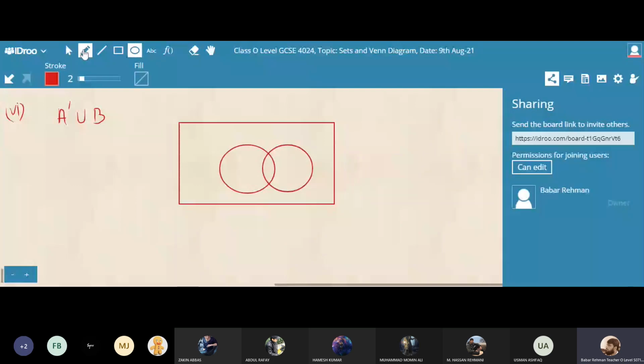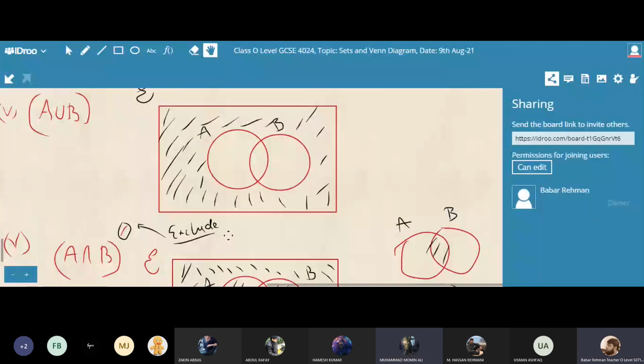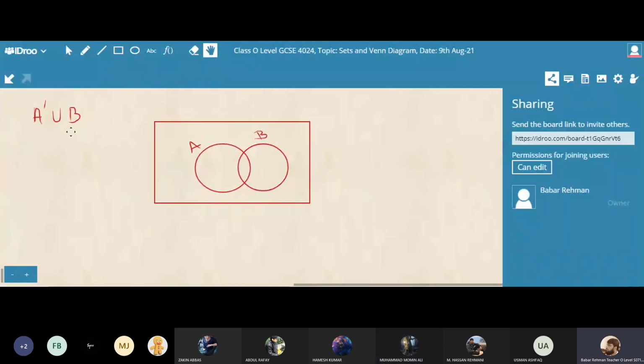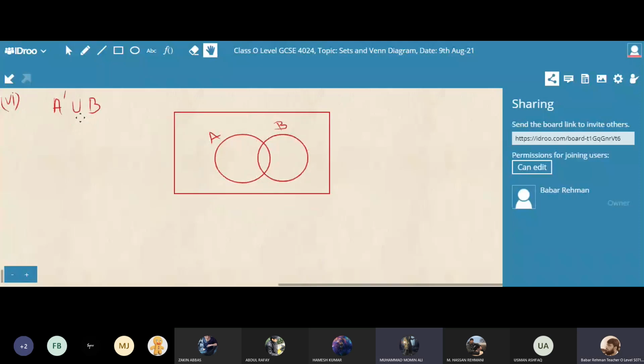Okay, this is A and this is B. Okay, remember student, we must write over here universal set. Shade only B part. It is union also there, union. Union means the rest of the boundary part will be B union with universal set. Listen, union is written means the rest of the part should be union with universal set.